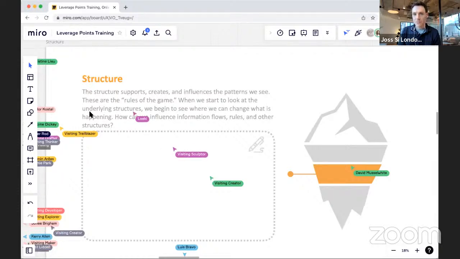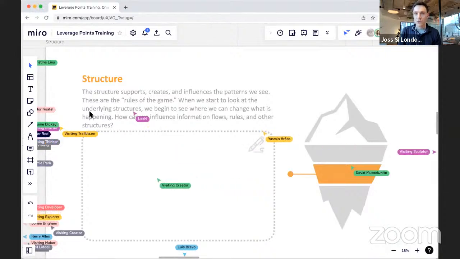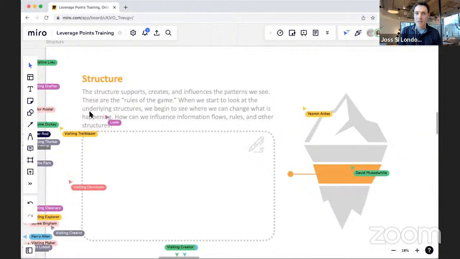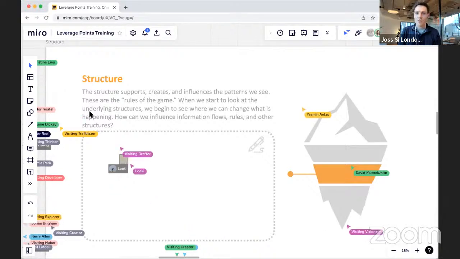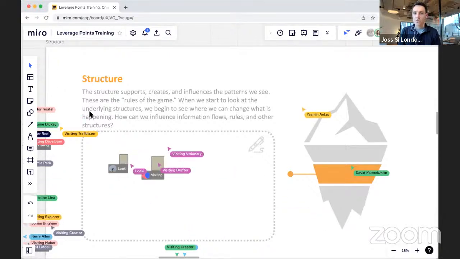So the structures support, create, and influence the patterns we see. These are the rules of the game. When we start to look at the underlying structures, we begin to see where we can change what is happening. How can we influence information flows, rules, and other structures, the way this system is organized?